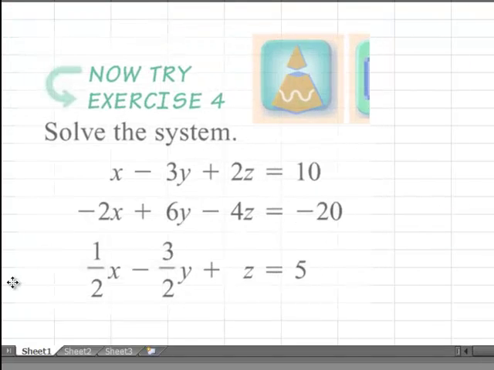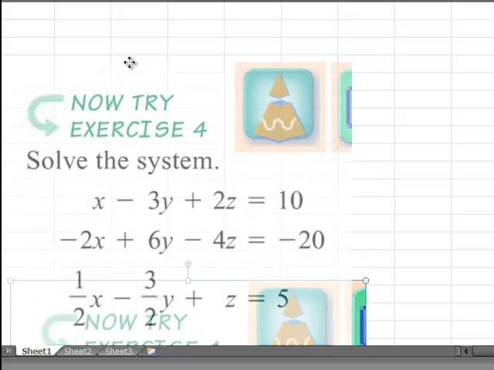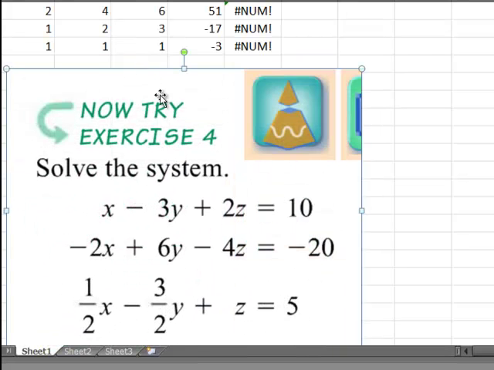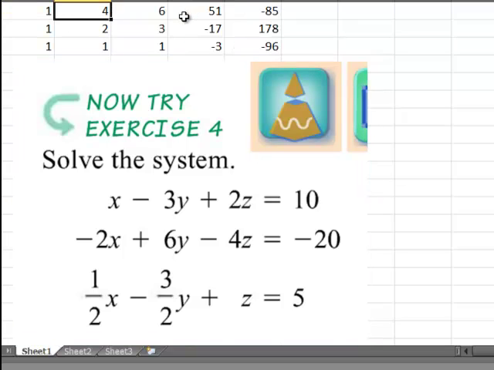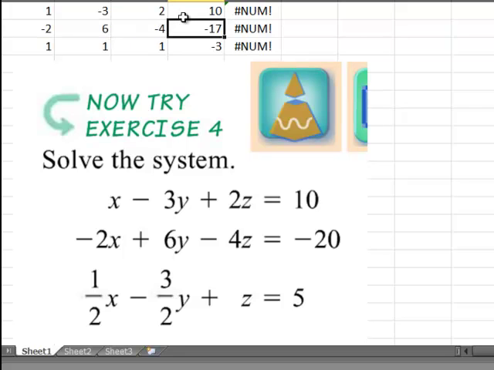Try this one. 1, negative 3, 2, 10, negative 2, 6, negative 4, negative 20, and 0.5, negative 1.5, 1, 5.